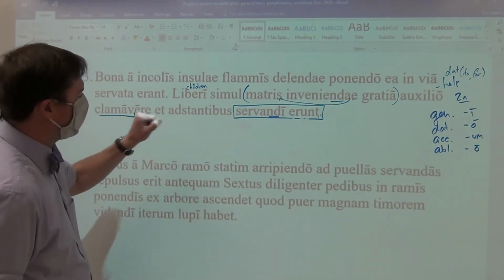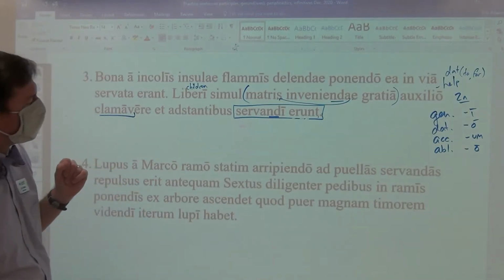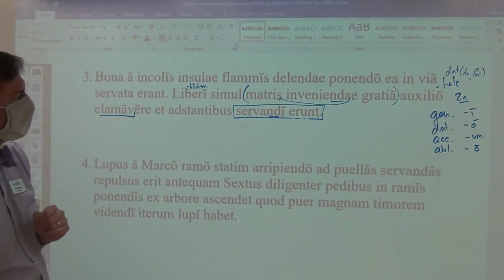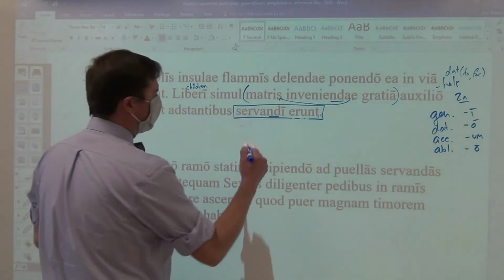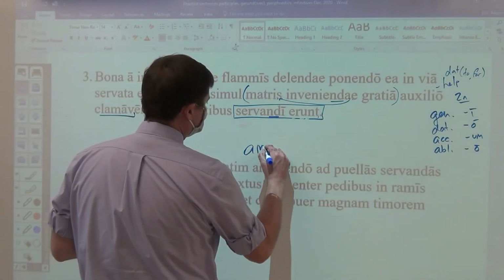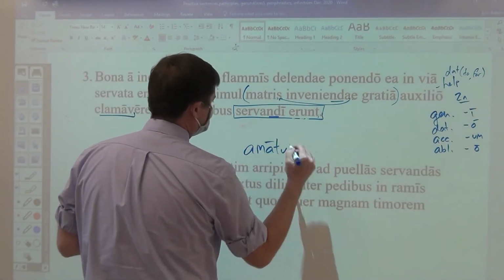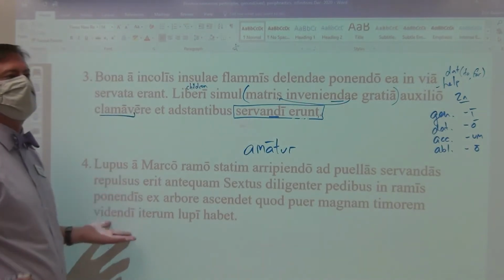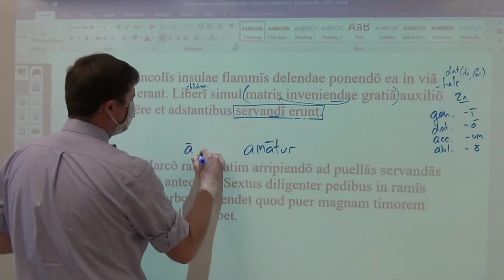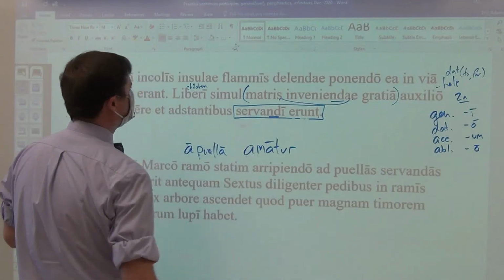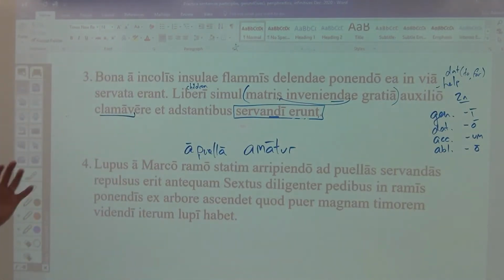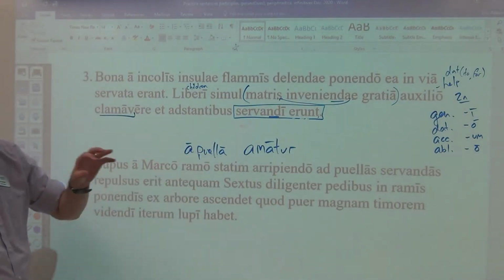Now, also about a future passive periphrastic, normally, if I were to write something like this, he or she or it is loved, and I were to say a puella, as we have been seeing, normally your agency is shown with an ablative of agent.